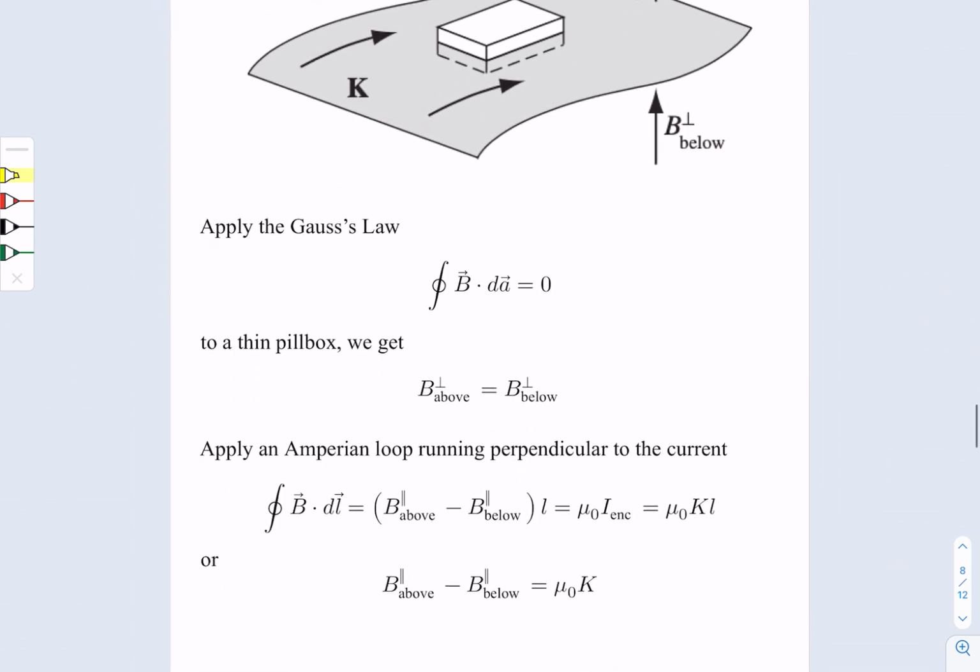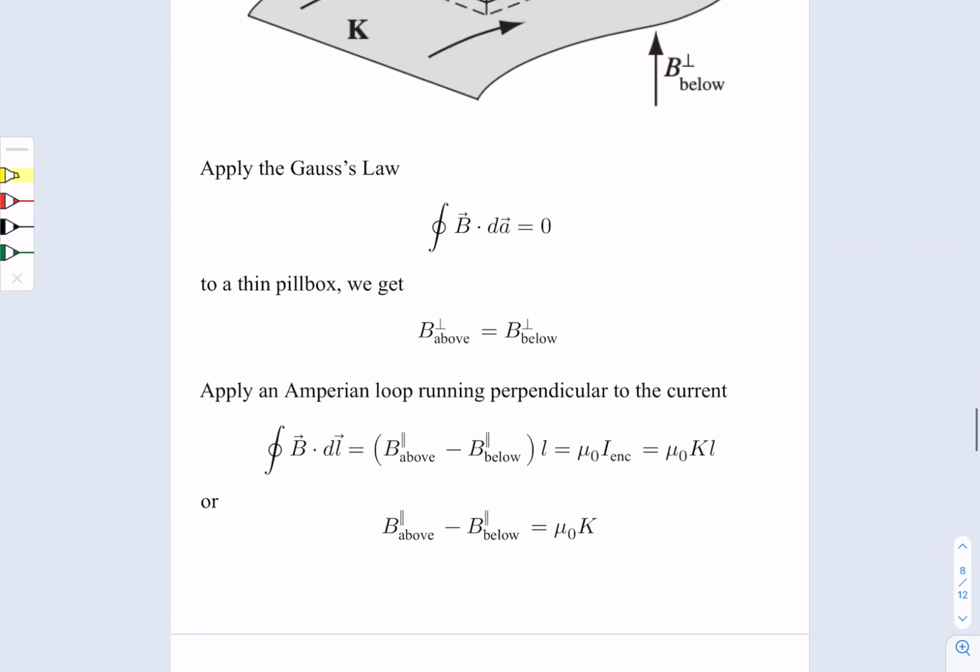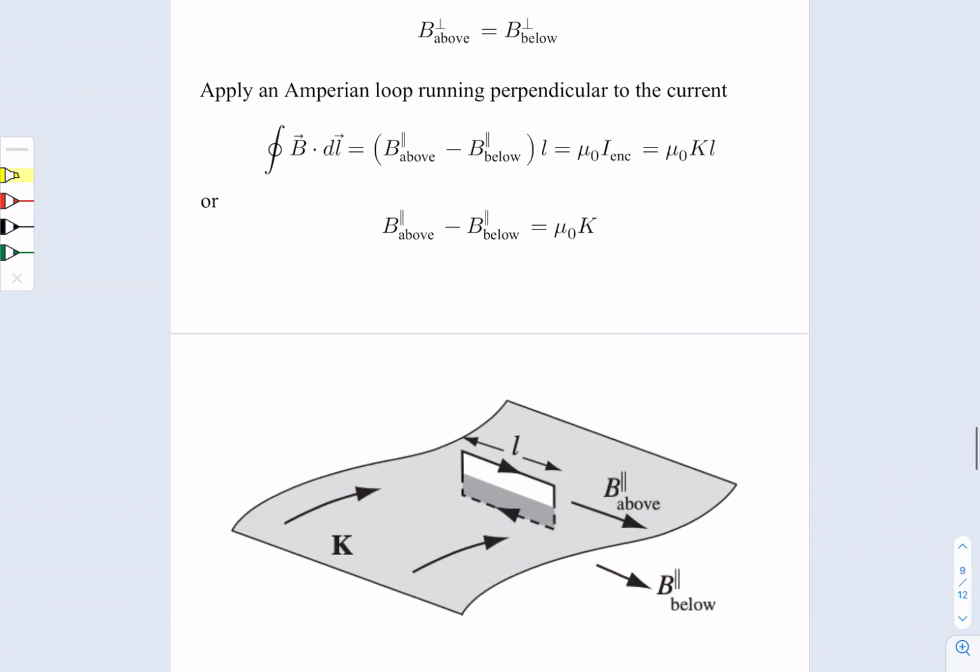And now if we want to get the parallel direction magnetic field, we can apply this Amperian loop, such as the loop over here. We can apply the loop such that it's close to the surface, and the loop also has to be small in the height.